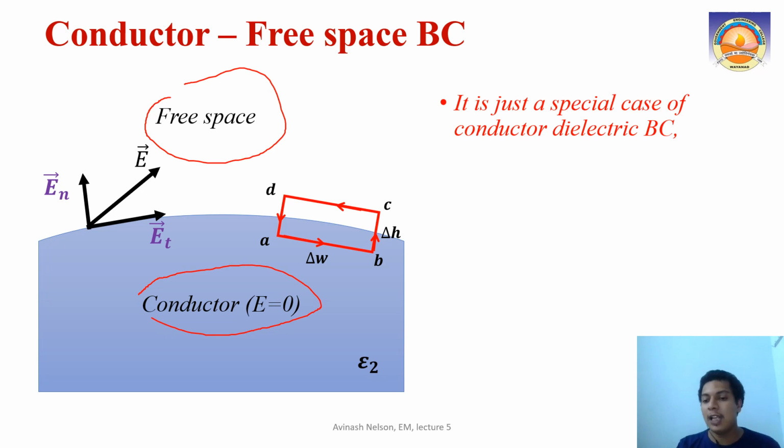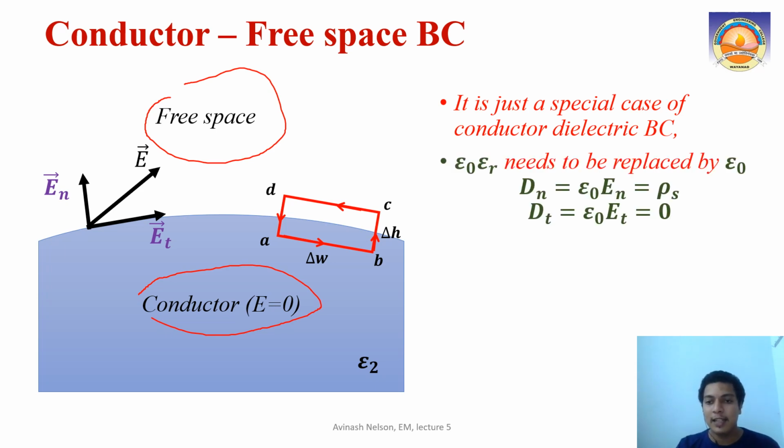The one and only thing you have to do is this. I think you remember these equations, right? Dn equal to, for the conductor dielectric boundary condition, epsilon 0 epsilon r En, and Dt equal to epsilon 0 epsilon r Et, right? Instead of epsilon 0 epsilon r, since epsilon r has become 1 because it is free space, right? For free space or air, what is the relative permittivity?